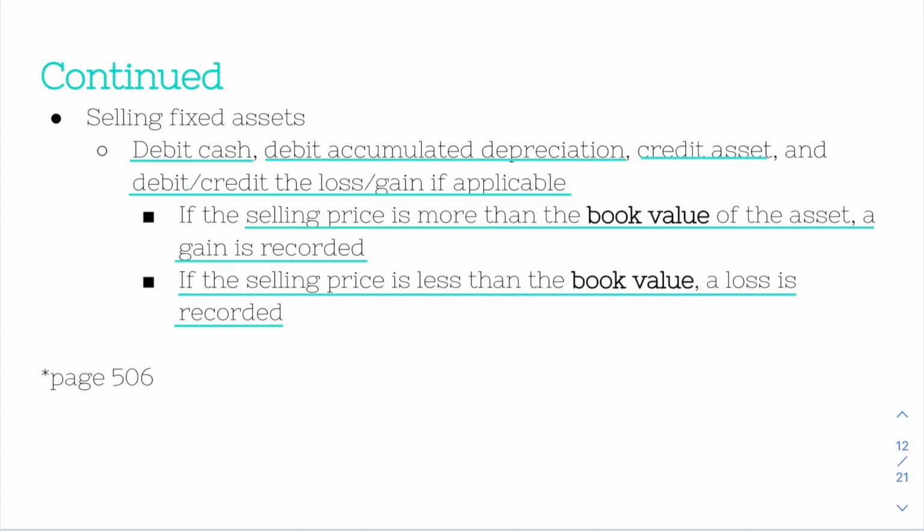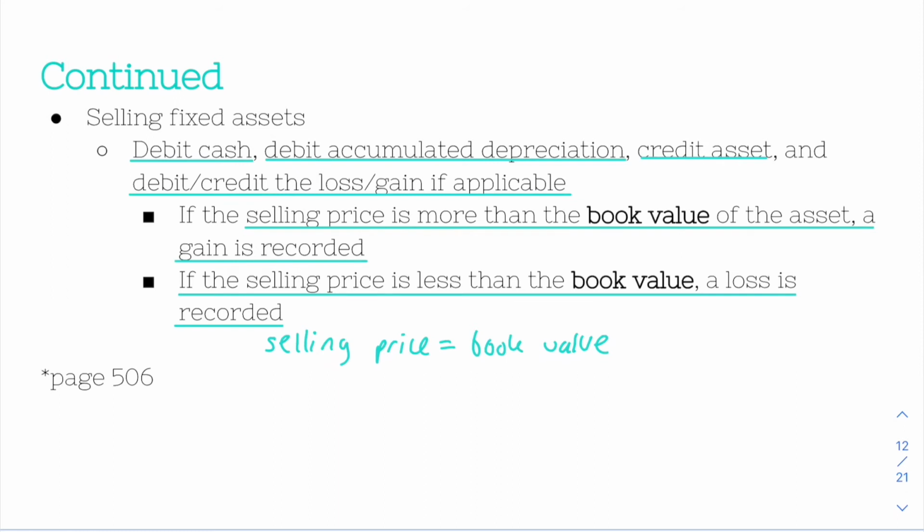So you're receiving less than what the asset is worth, that is a loss for you. And if the selling price equals book value, you don't have to do anything because that's net zero. You didn't get a gain, you didn't get a loss. It's just you're selling it for book value.